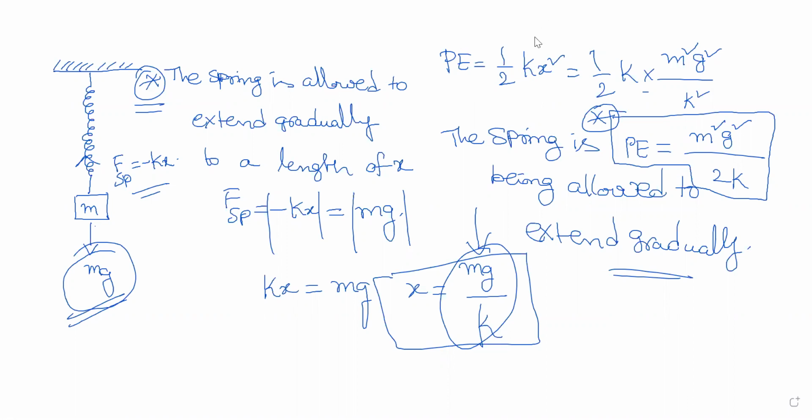Now, after this, suppose the spring situation once again. The spring is extended to a length of x, of course. And now it is at a height of h from the ground.